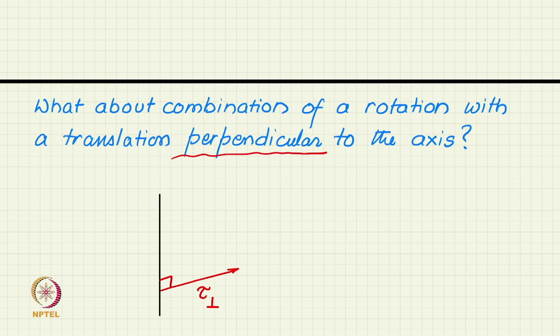this will result in rotation by the same angle. So, if there was a rotation by theta about this axis, this will result in rotation by the same angle theta about another axis parallel to the given axis. So, another axis one can imagine, which will be parallel to the given axis, and the same angle theta will be there.